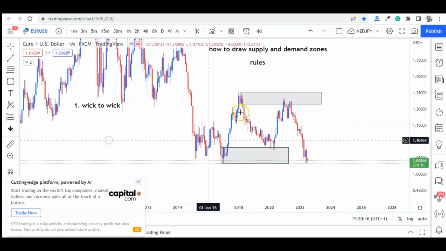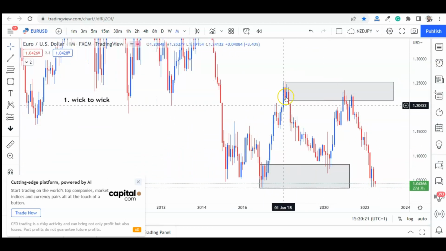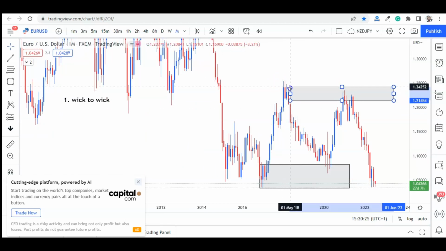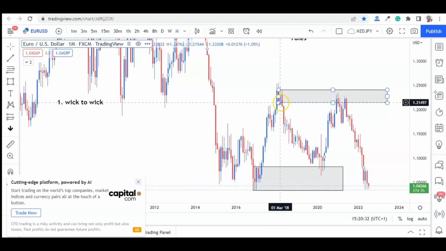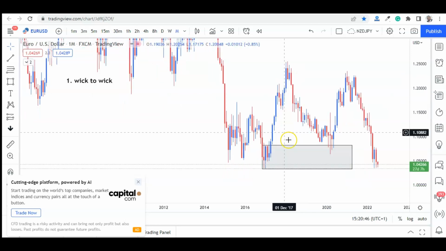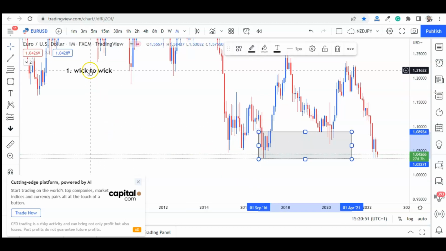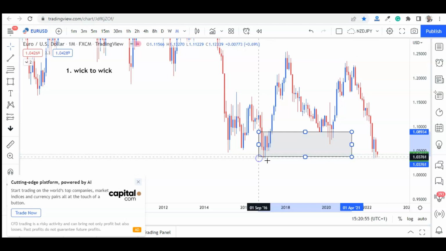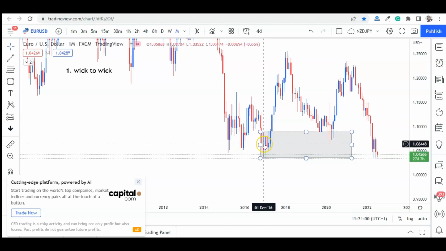For example, if you look at this supply zone here, I can decide to take this week to this week. Now in week to week, in this case, I can decide to take the entire candle, week to week of this particular candle, as my demand zone.